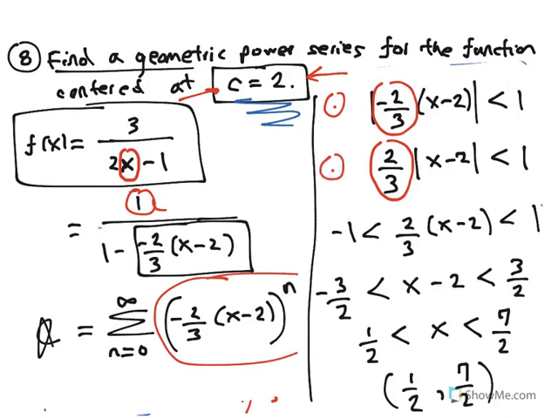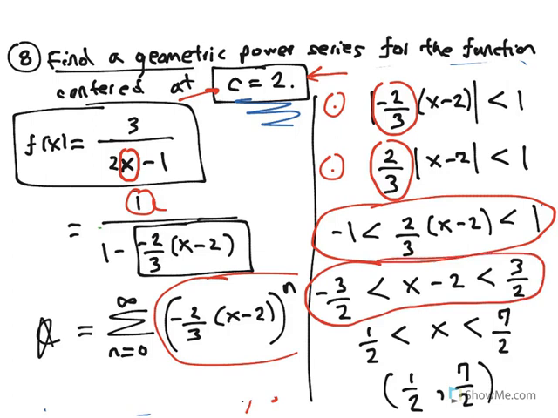So I write this absolute value inequality as a compound inequality here. Multiply all three parts by 3 over 2, which gives me this compound inequality, and add 2 to each part of the compound inequality, giving me the interval of convergence.